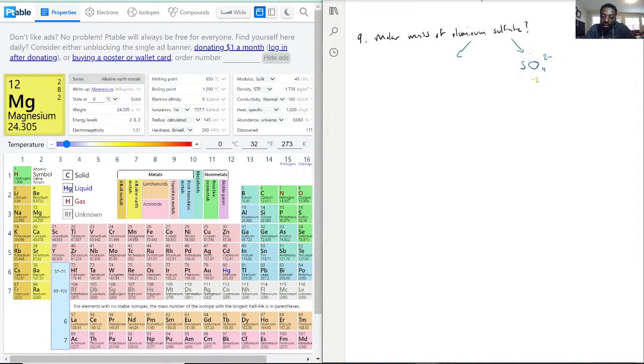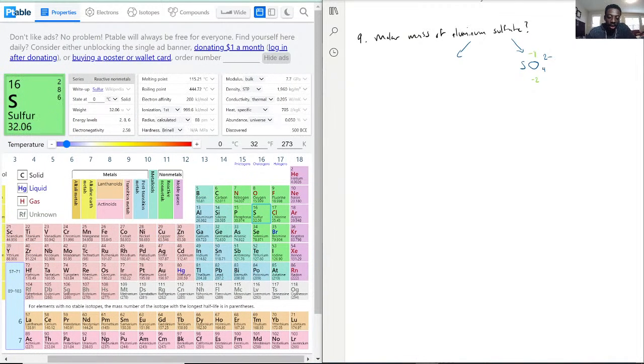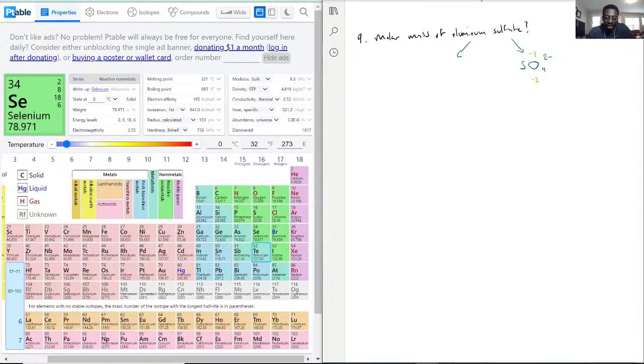So there's 4 of them. This is -8, right? Okay, and sulfur, because it's in the 16th column, it's usually 6. In this case, because you want to balance it out, it'll be +6. So as you can see here, these two numbers do indeed equal the 2 minus that we get from the sulfate ion.